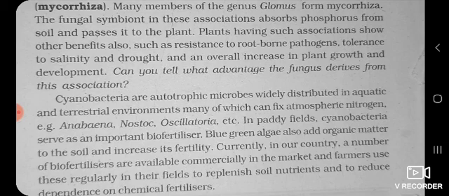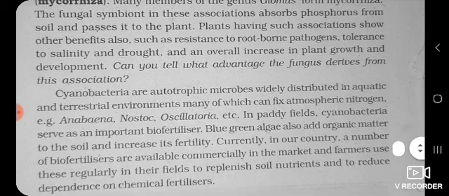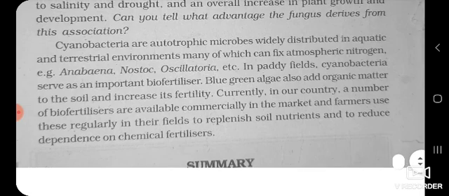This plant has a tolerance to salinity and drought conditions, and overall that plant shows growth and development more than that of a normal plant. So this is very important from my point of view, the name of the fungi, the genus of the fungi, and the benefits that the plant gets from the association, which we have seen in this paragraph.